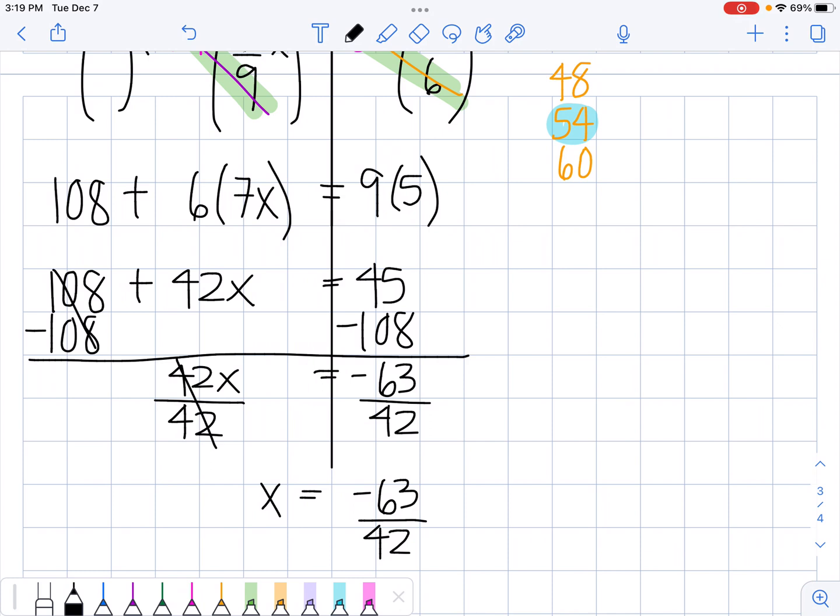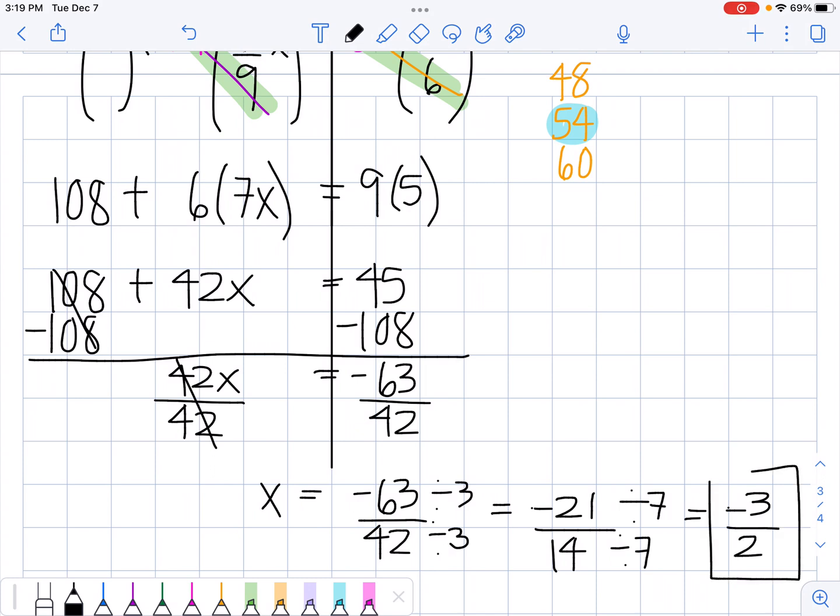So I happen to notice 3 goes into 63 and 42. So if I divide the top and the bottom by 3, I get negative 21 over 42 over 3 is 14. Oh, and 7 goes into 21 and 14. So if I divide the top and the bottom by 7, I get negative 3 over 2.